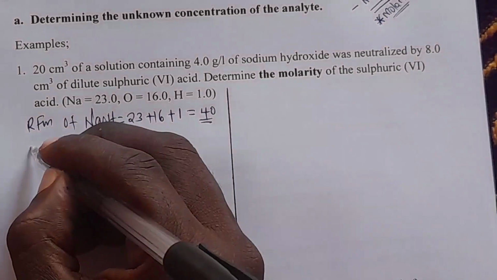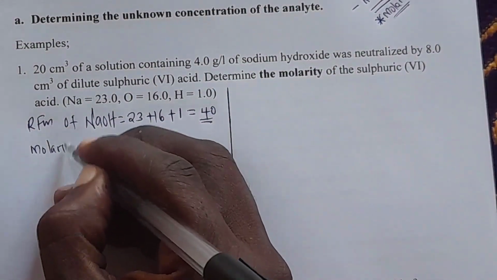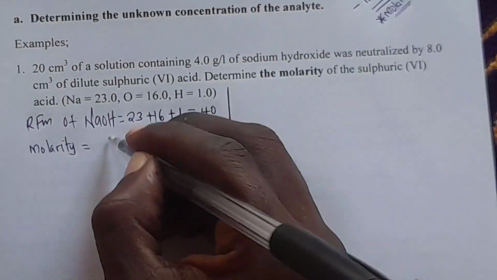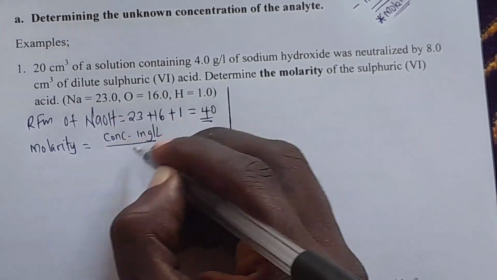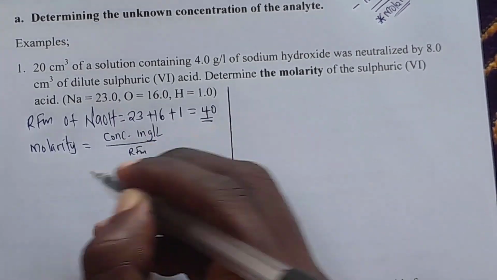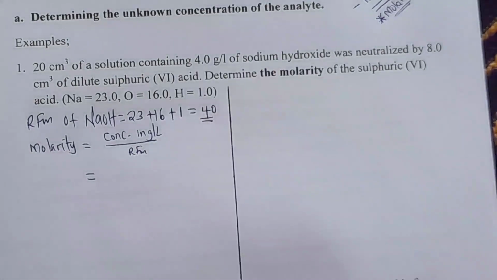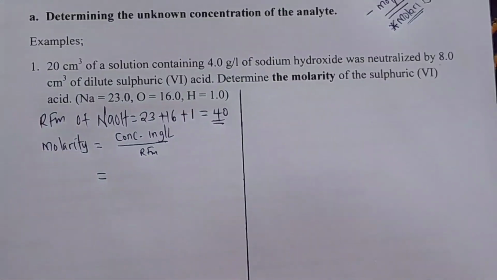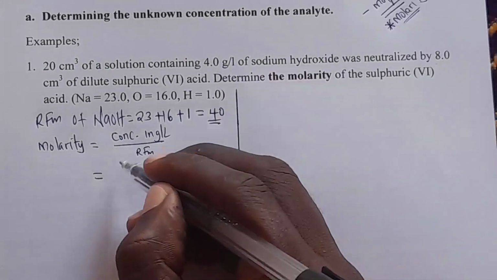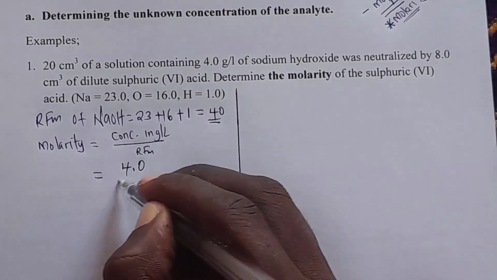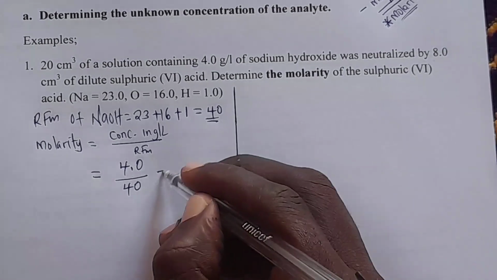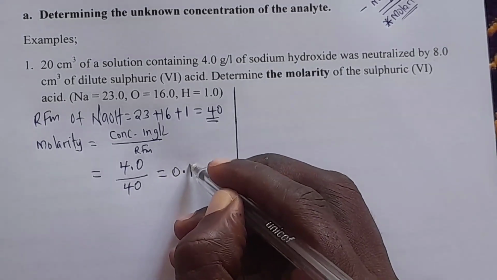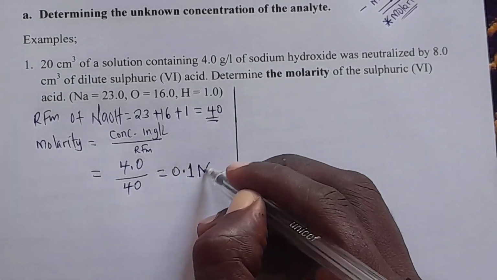Next, using the formula, molarity is given by concentration in gram per liter over the RFM. The concentration is given as 4.0 gram per liter, so we write 4.0 divided by the RFM of sodium hydroxide, which is 40. Here we get 0.1 mole per liter.